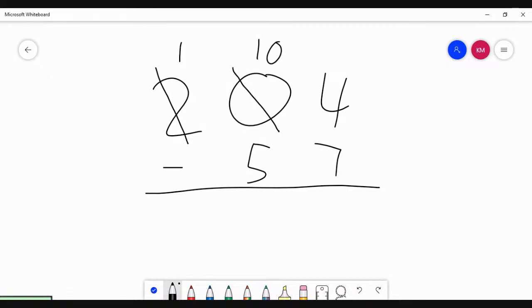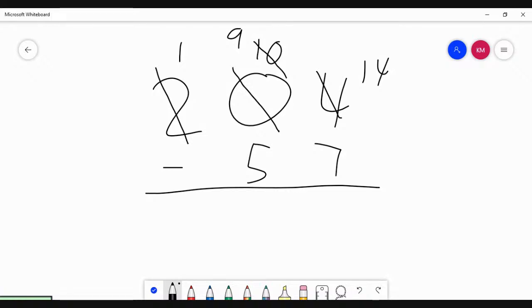So now, after I've borrowed 10 from the 2 to make my 0 a 10, I now must borrow 1 again to change the 4 into a 14. So if I'm borrowing 10 from the 10, it becomes 9.